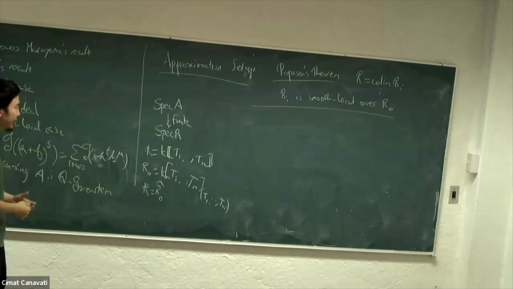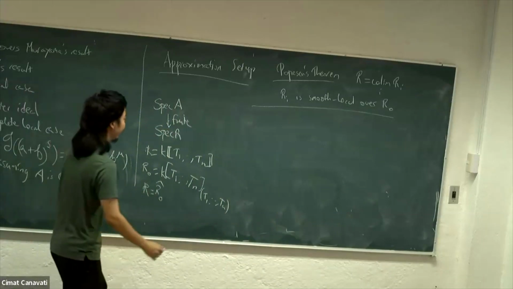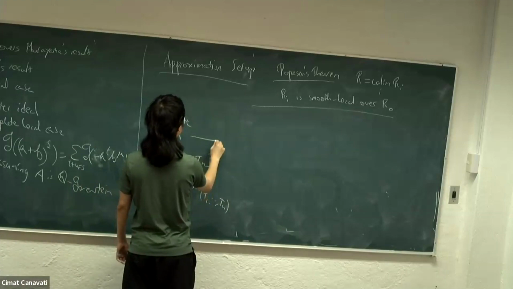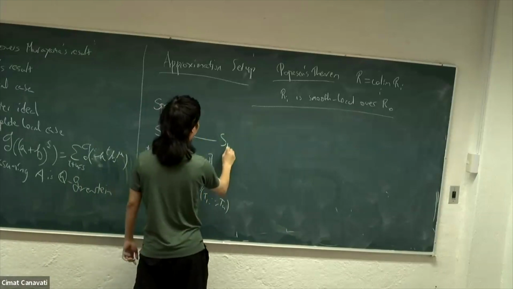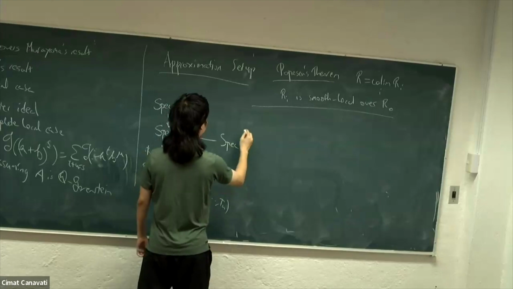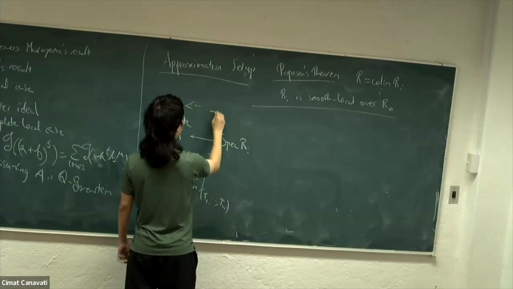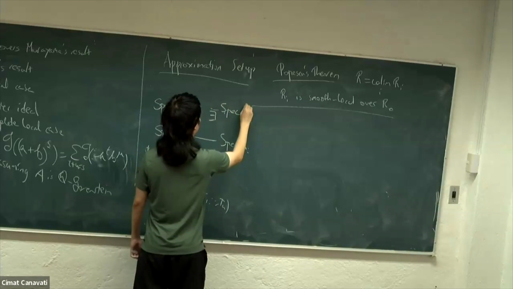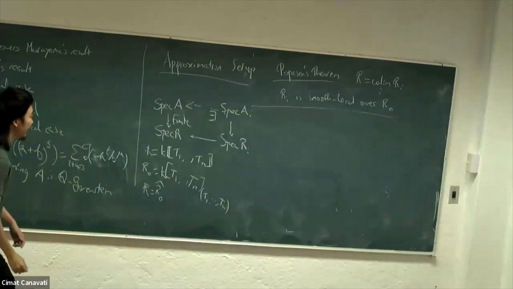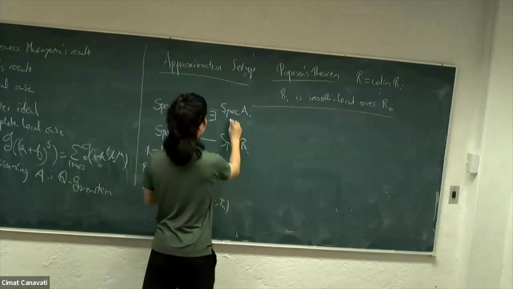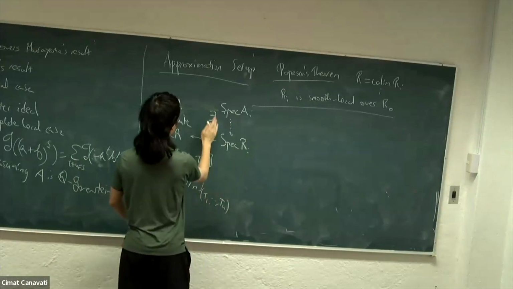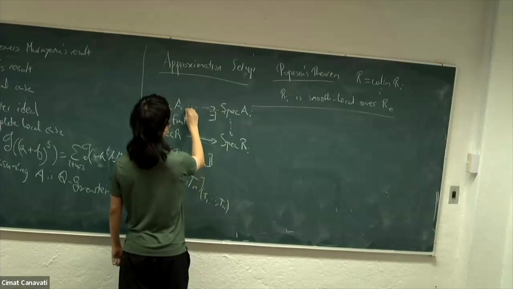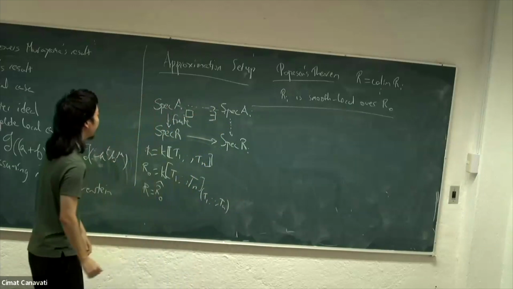By standard approximation theory that appeared in the EGA, for example, R is the colimit of those Ri. So you can always find a finite Ri-algebra Ai whose base change is A. So this is the other direction, and this will be a Cartesian diagram.